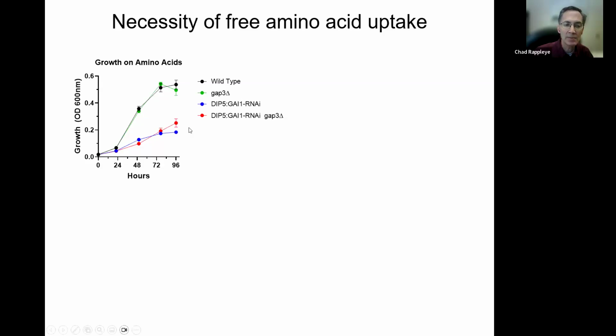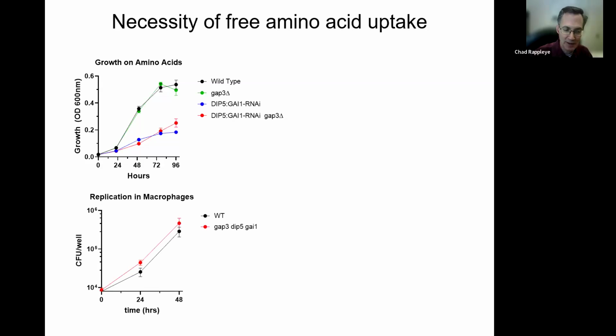But if you eliminate DIP5 and GAI1, as well as DIP5 and GAI1 and GAP3, the triple transporter mutant, you can severely decrease the ability of Histoplasma to utilize those amino acids for its growth. But this set us up a situation where we now have a mutant that cannot import amino acids and therefore is deficient in its ability to utilize amino acids. So what does that have as a consequence for Histoplasma's ability to grow within the phagocyte?